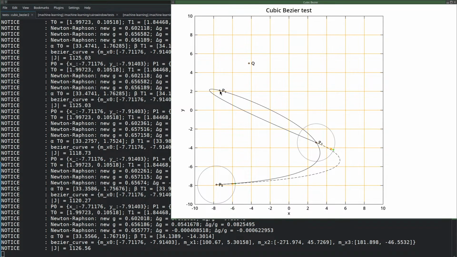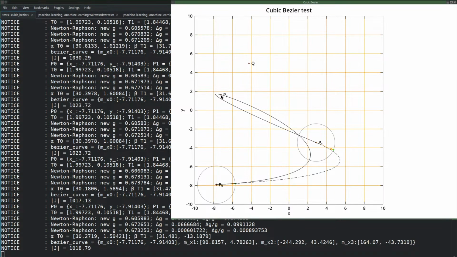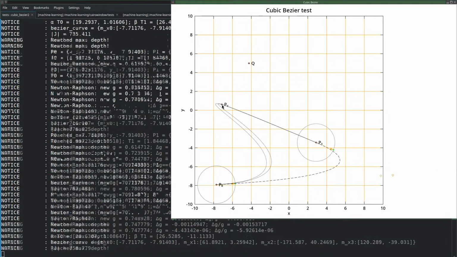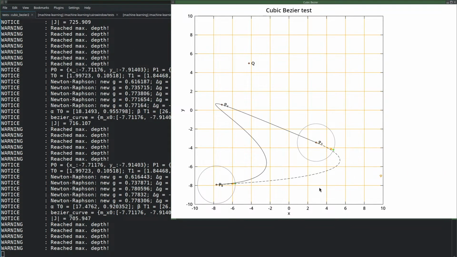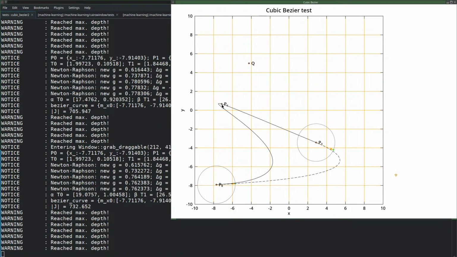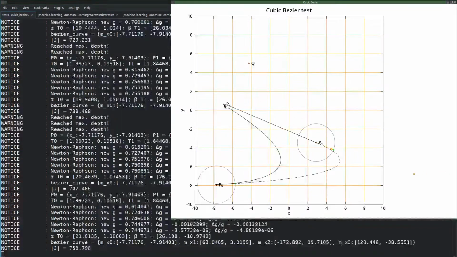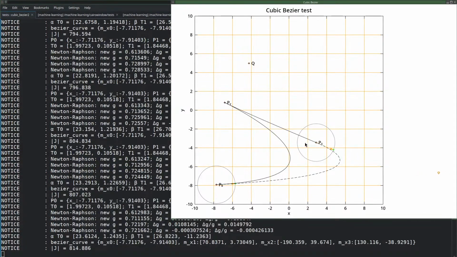So this feels so three-dimensional. I bet you can look at this as a projection of something three-dimensional that will look way better than this. This kink here is absolutely horrible.